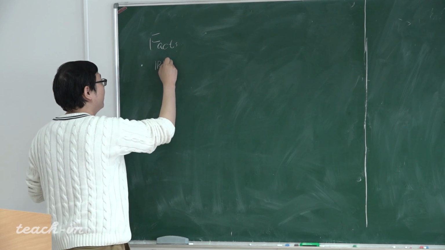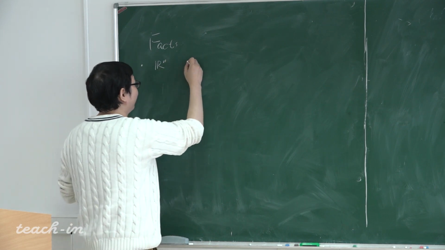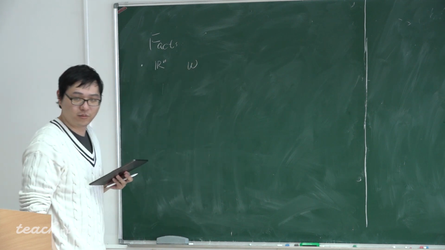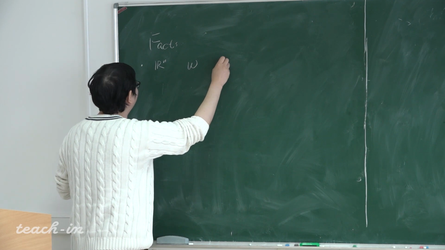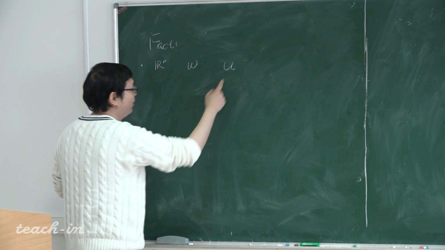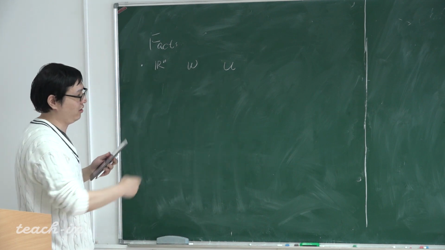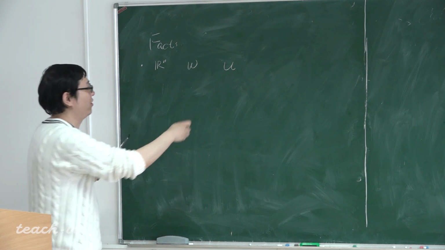In some n-dimensional Euclidean space, if we have some lattice denoted by omega, and if we have some set U that is of finite volume, and then the intersection.